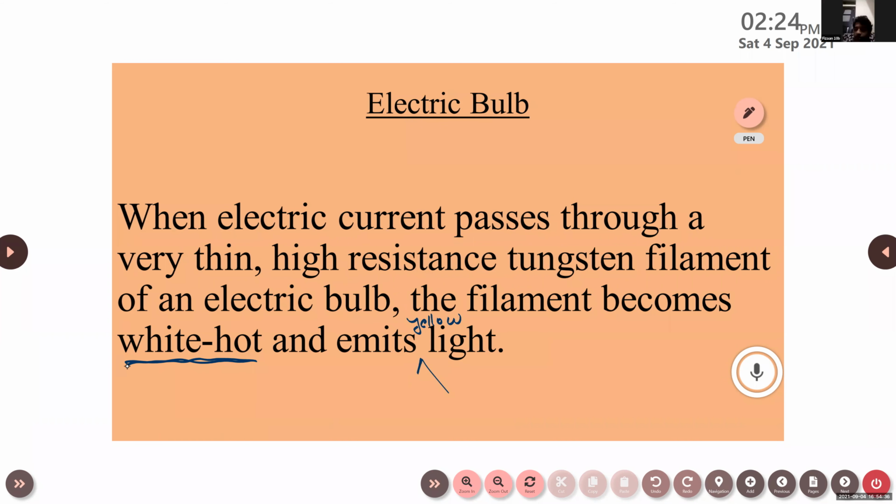Yes, Geraldine. When more electric current passes. Yes, when more electric current passes through the tungsten, or when the tungsten becomes much hotter, then only our electric bulb emits brighter light.